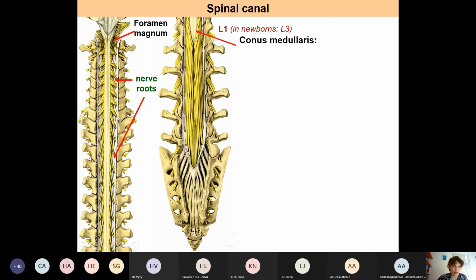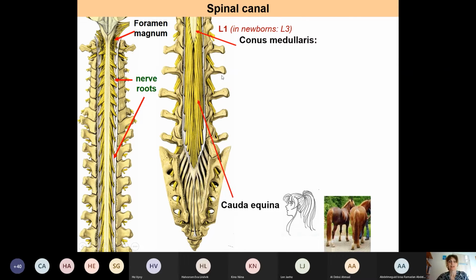These are also located inside of the spinal canal, and at the level of the cervical vertebrae they run relatively horizontally, but in the thoracic and lumbar parts, as you can see, they must descend to reach their own intervertebral foramen because the spinal cord is shorter than the spinal column.